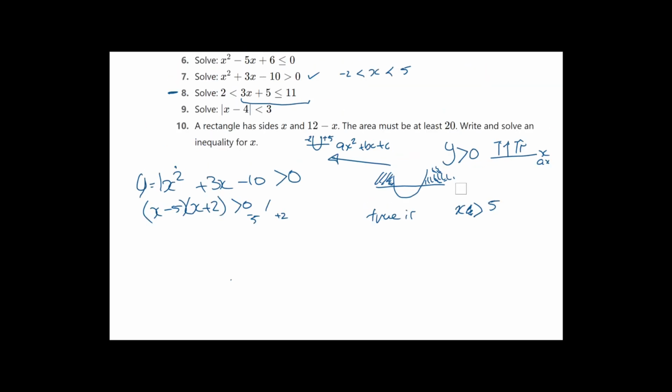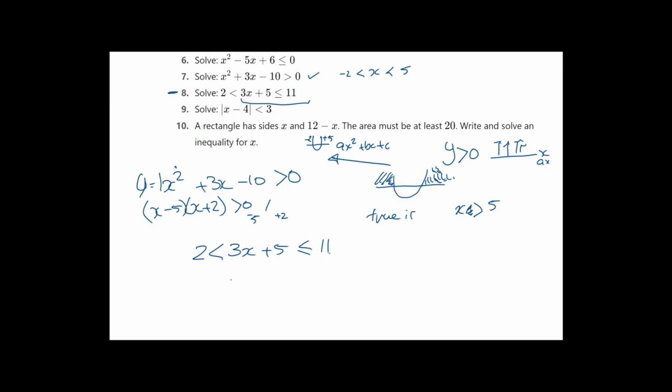Okay, so we're solving this one up here: 2 less than 3x plus 5, and we're solving it for x. What are the values of x that will make this true?